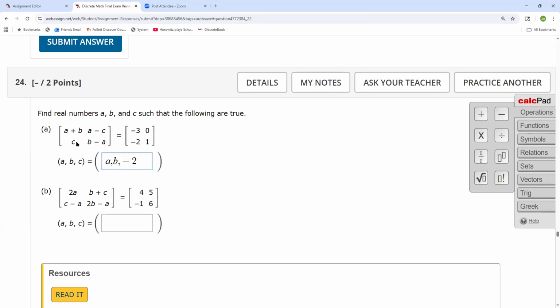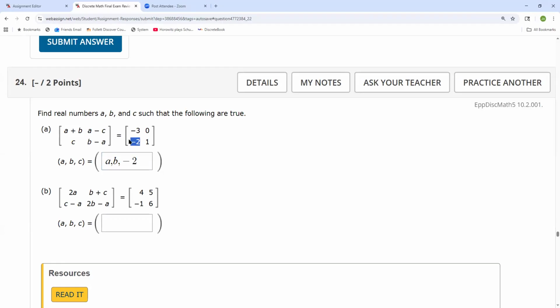But we do know that C is equal to -2 because that part of this multiple valued equation has a specific solution. Now that we know what C is, let's plug in what C is into this equation. This top corner on the right says A minus C, and the top corner on the right says 0. So A minus C equals 0.